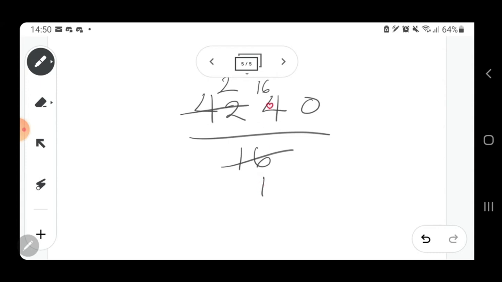How many lots of 16 can we find in 164? So you need to now begin to find out for yourself how many lots of 16 can I find in 164. You see why the first one, now I love this because it's easy for you to find out which one is easy for you to do.